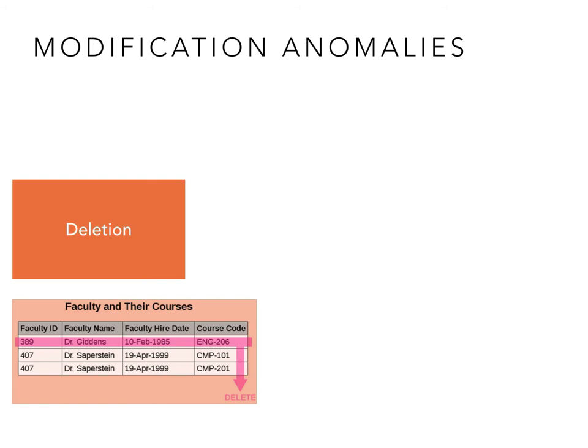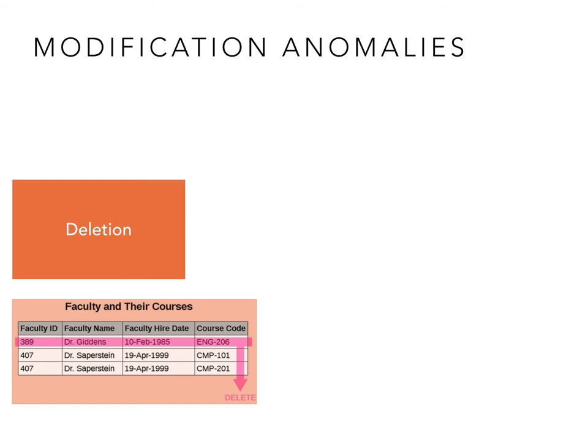So for example, if in this faculty table, we delete that row with faculty ID 389, because we're not offering ENG 206 anymore, but that's the only row that holds information for Dr. Giddens, then we now have no information about his name or his ID or when he was hired.